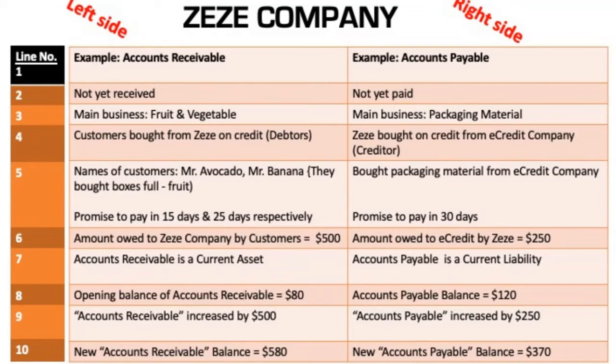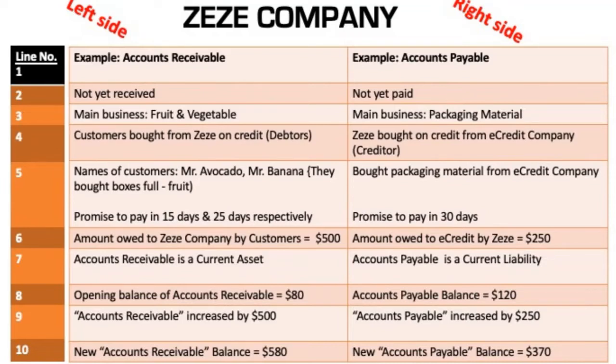Other people called customers are owing Zeze Company. So it is an asset to Zeze Company. It is a liability to those people. So Zeze Company is entitled to the monies owed to Zeze Company by customers.